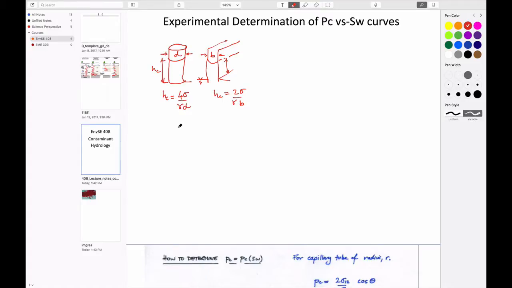We could also think about it in terms of the fluid pressure that we'd have to apply at this point here to be able to drive this fluid along there relative to this interfacial location.